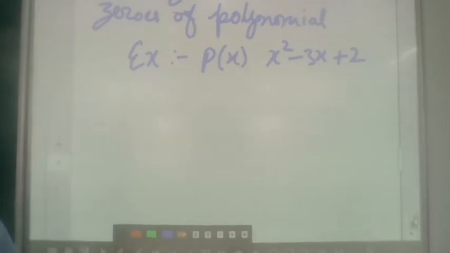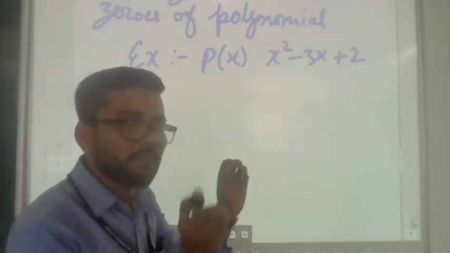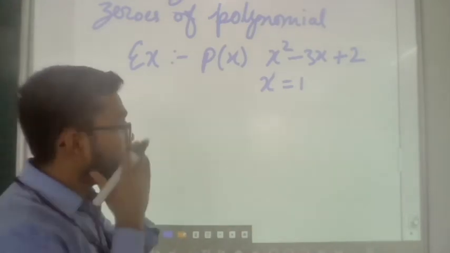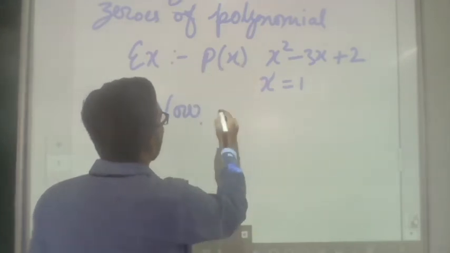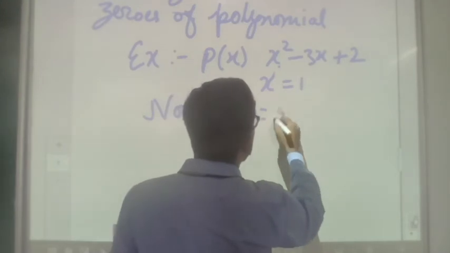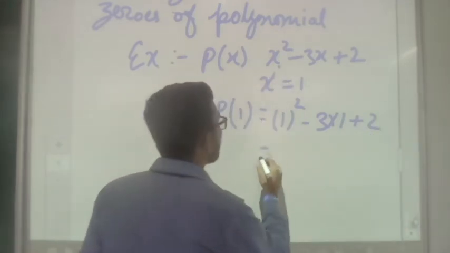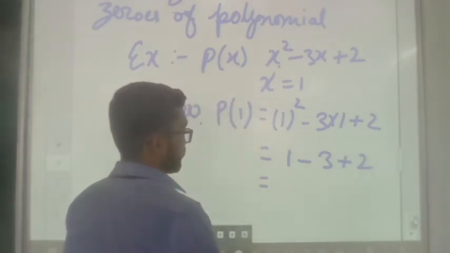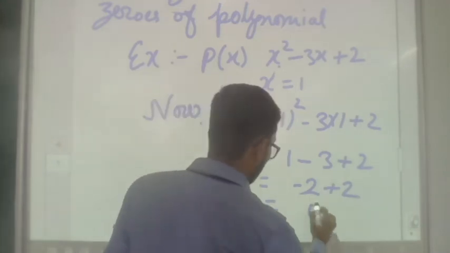If we replace this variable x by any real number, suppose 1, then P(1) is equal to 1 squared minus 3 into 1 plus 2. So 1 squared is 1, minus 3 into 1 is 3, plus 2. 1 minus 3 plus 2 is 0.